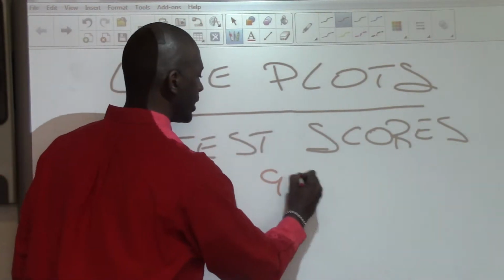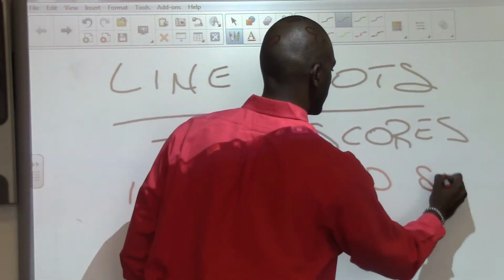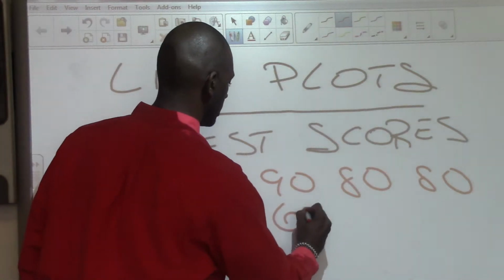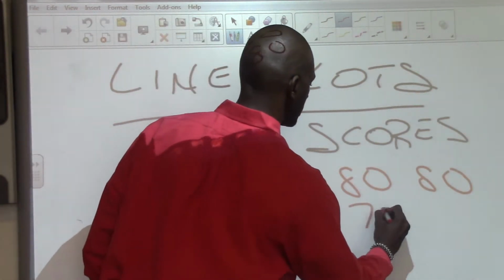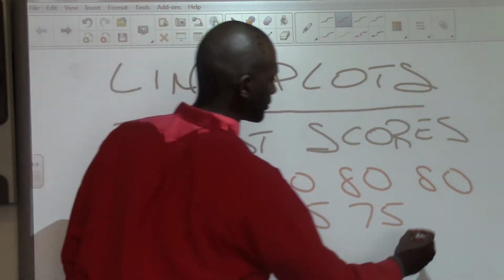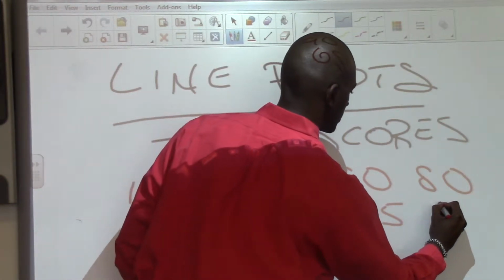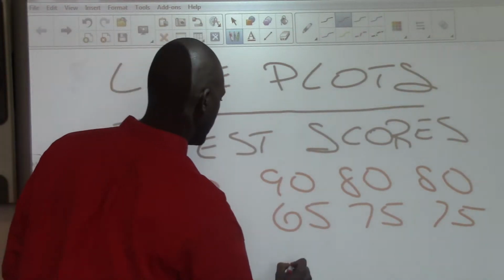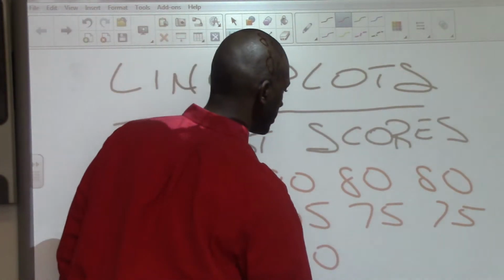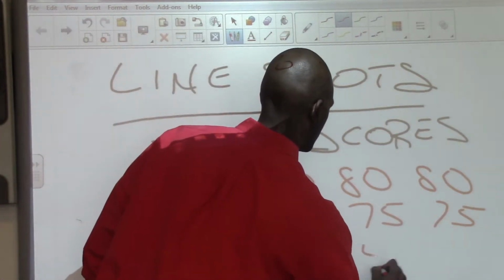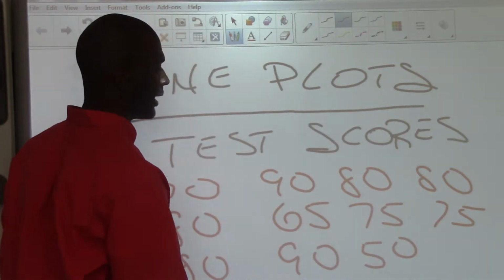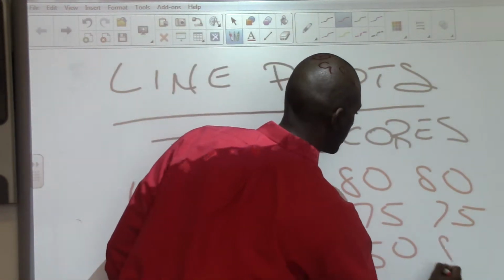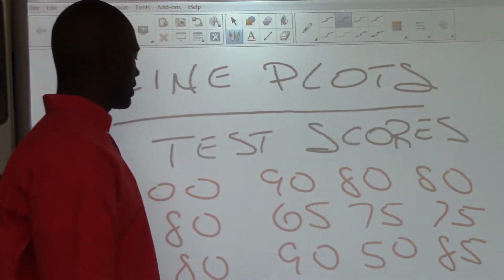A score of 90, 80, 80, 80, 65, 75, 75, 80, 90, 50, and let's say someone made an 85. These are the scores.